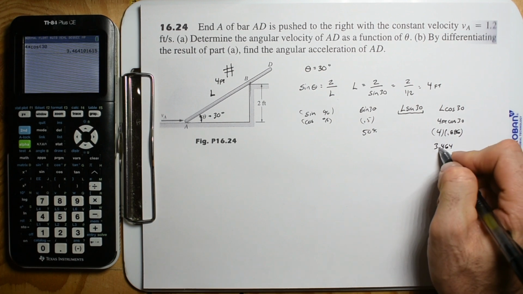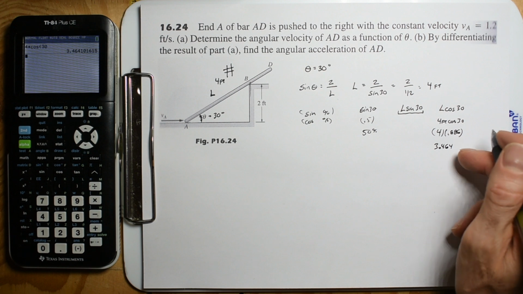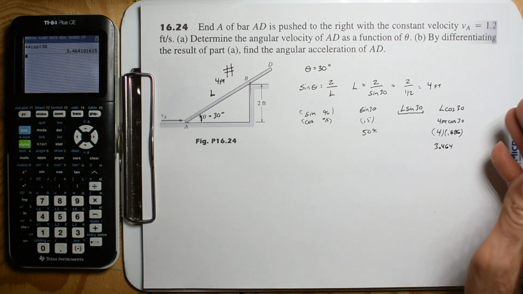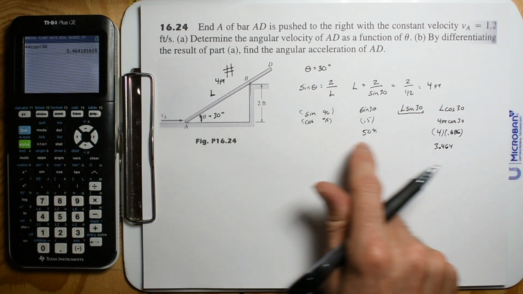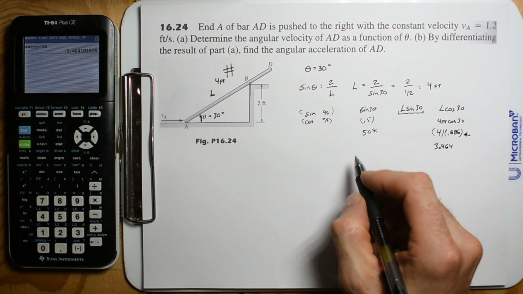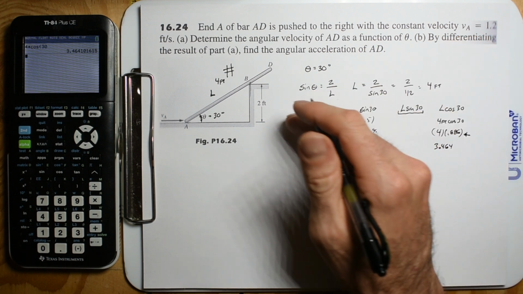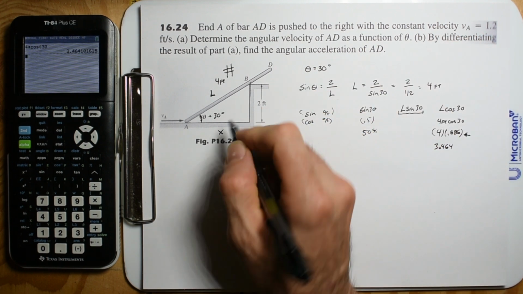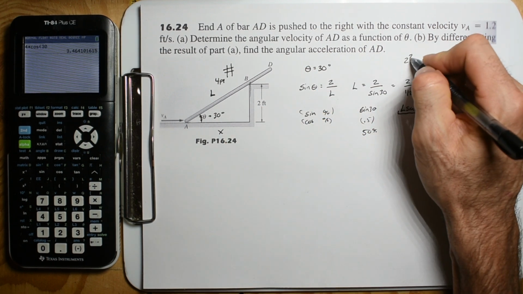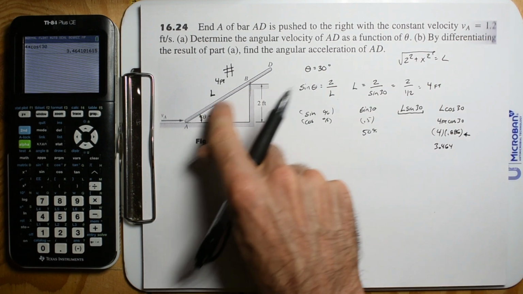It's also good to get used to the square root of 3 over 2, because that'll come up quite a bit. Anytime you're dealing with triangles, also bring up Pythagorean theorem, because I'm just going to call this x. So 2 squared plus x squared, square root that is L. That's going to be the hypotenuse.